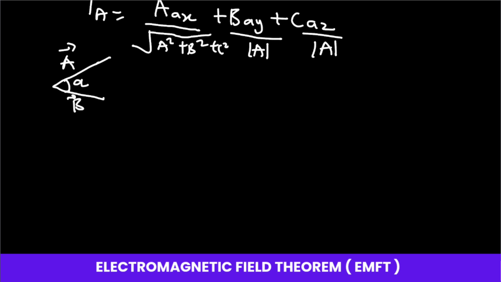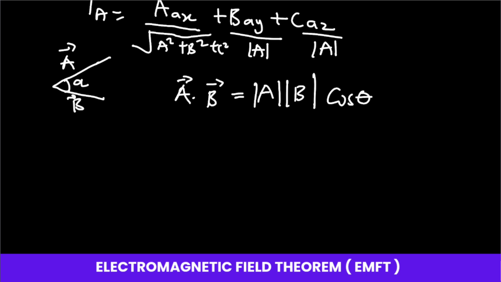So the dot product, A dot B, is defined by the magnitude of A multiplied by the magnitude of B, times the cosine of the smaller angle between them. In this case, the angle is alpha.